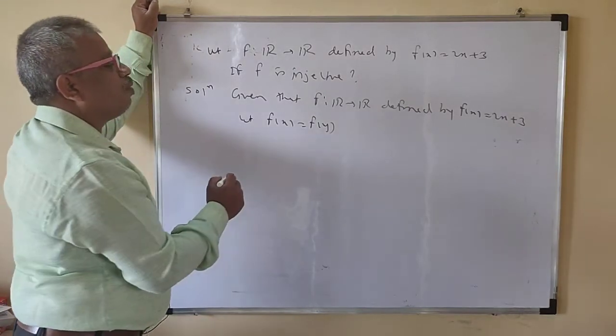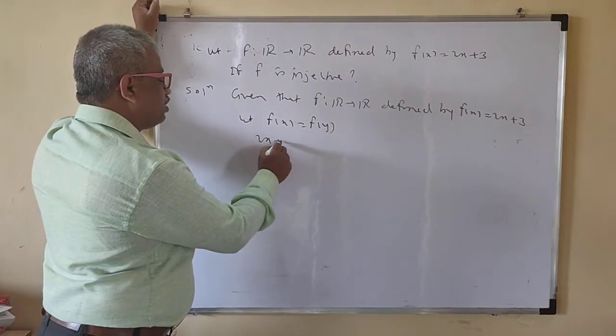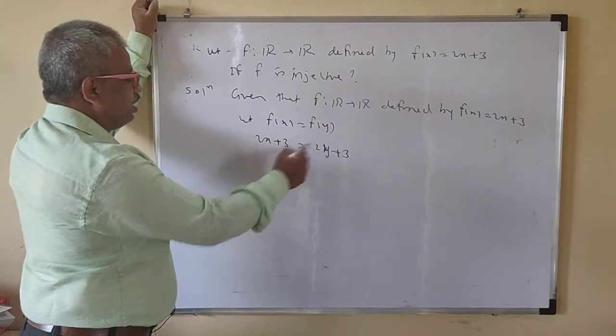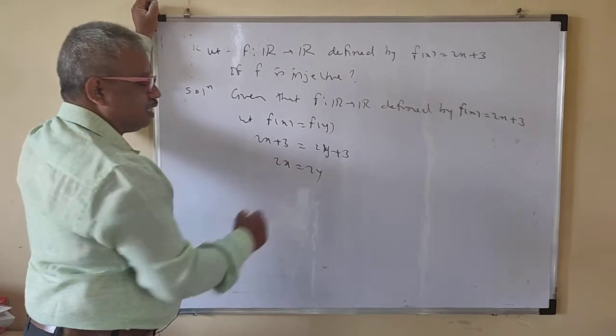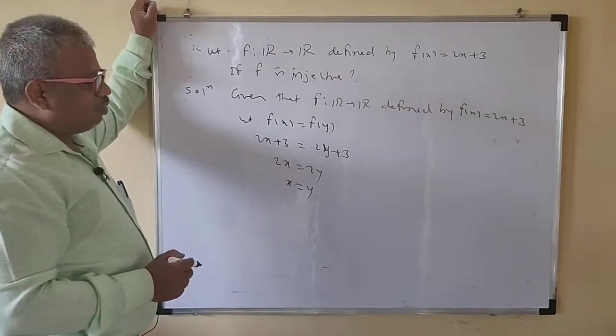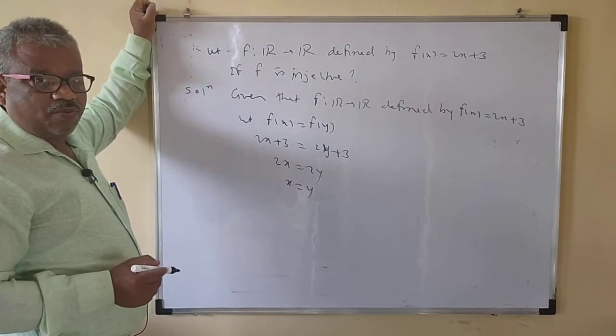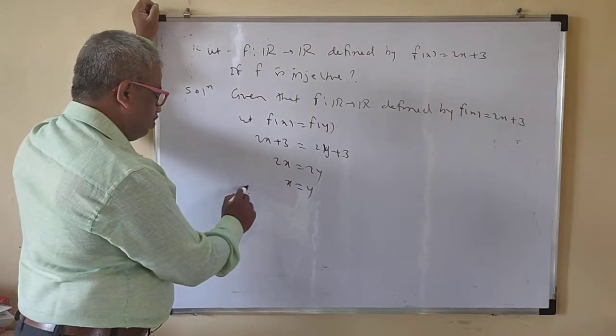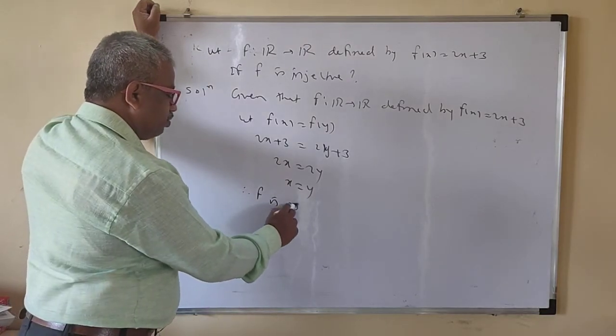So f of x is equal to f of y means what? Twice x plus 3 is equal to twice y plus 3. Your 3 gets cancelled. So this is what? Twice x is equal to twice y. 2 is not equal to 0, so you can cancel 2, and x is equal to y, right? So you have taken f of x is equal to f of y and we get x is equal to y. That means your f is injective. Therefore f is injective.